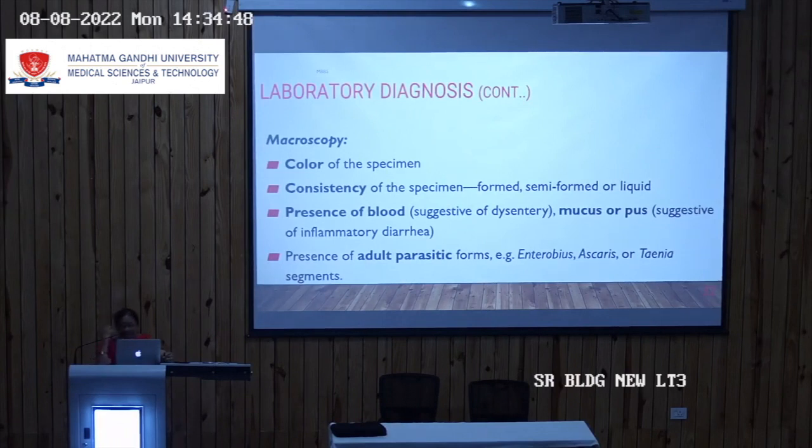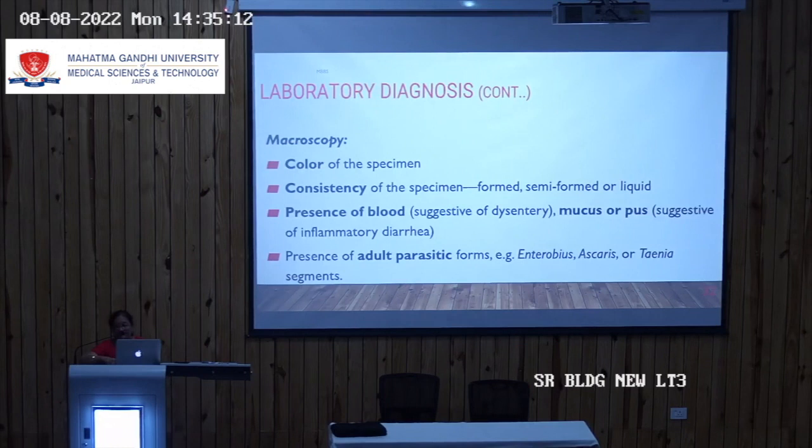Blood from the upper GIT, known as occult blood, makes the stool dark and not red in color, and if it is red, it means it may be in the lower part of the intestine or colon. Then presence of blood is suggestive of dysentery and inflammatory diarrhea.